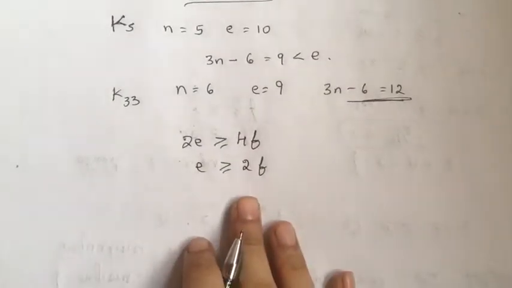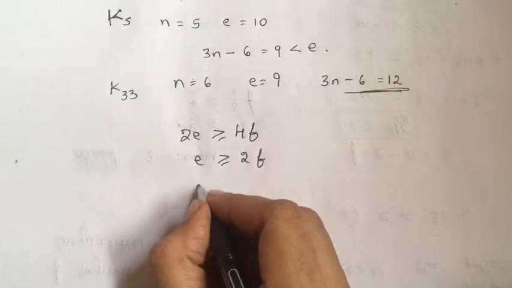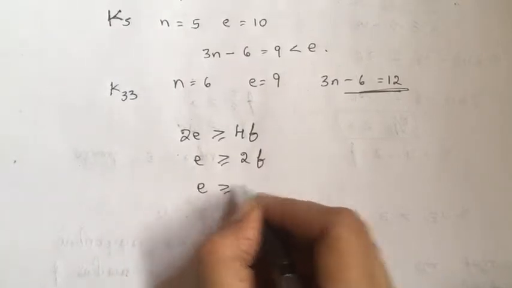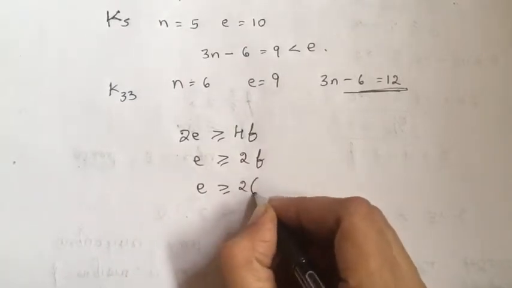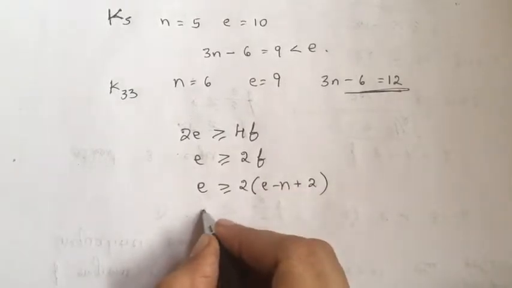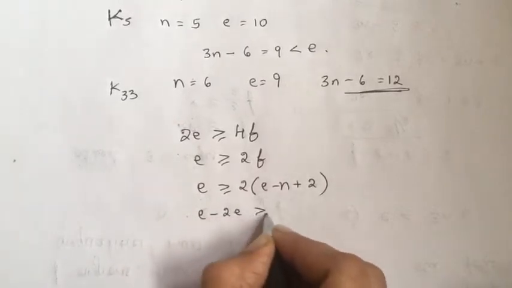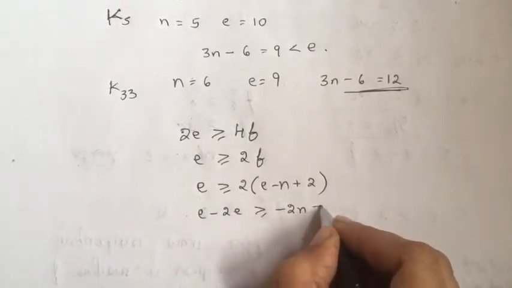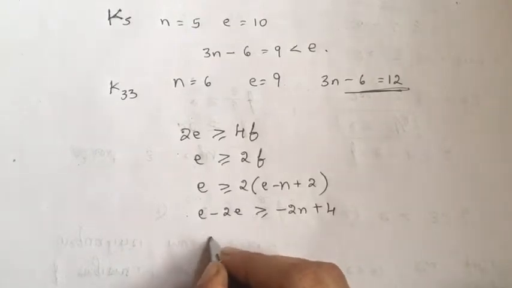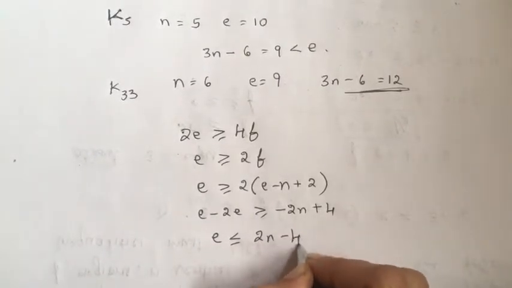Now if I apply Euler's formula for this, then e is greater than or equal to 2 into f, where f is e minus n plus 2. Therefore, I am getting e minus 2e greater than or equal to minus 2n plus 4. That is the same as writing e less than or equal to 2n minus 4.